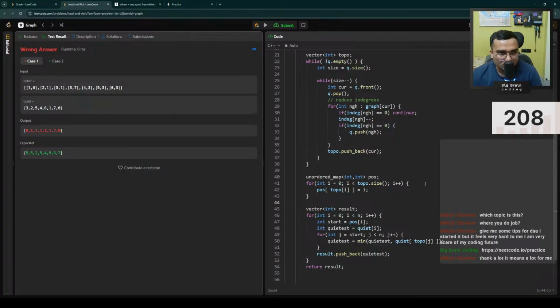So here I have topological sort, correct? I'm mapping the position. Position of i equals, start in, j equals start, j is less than n.